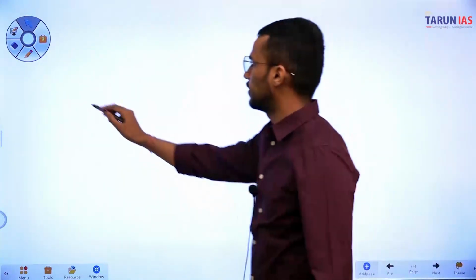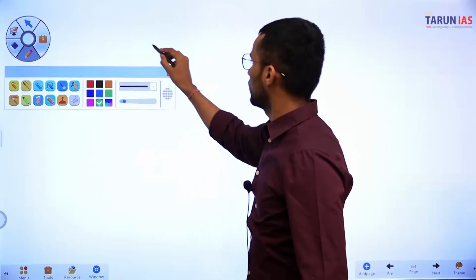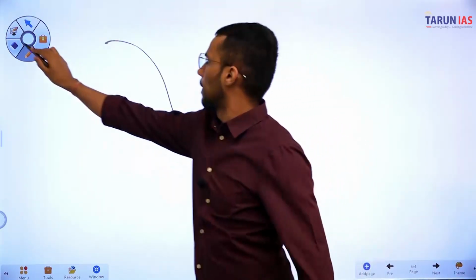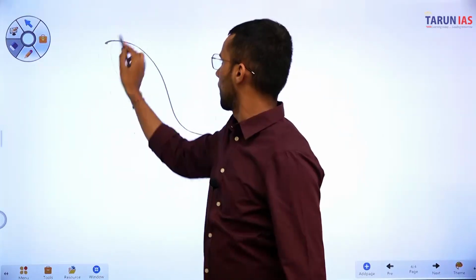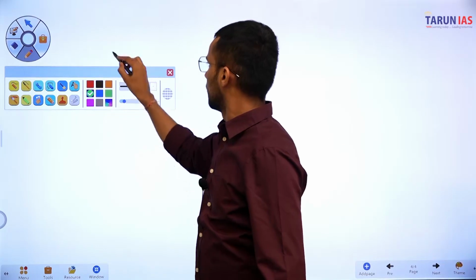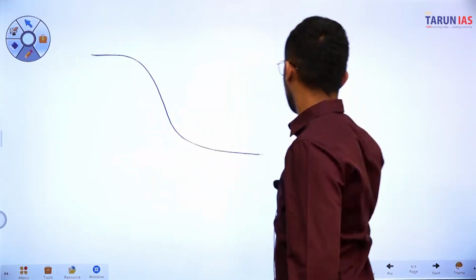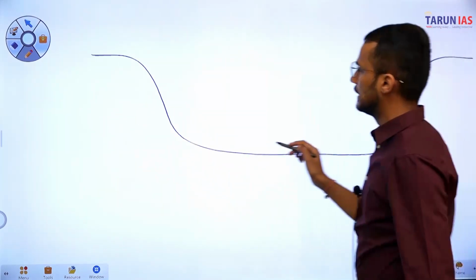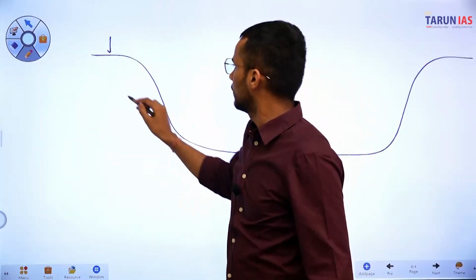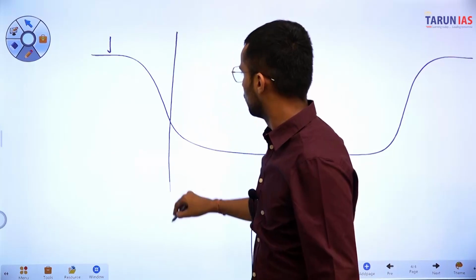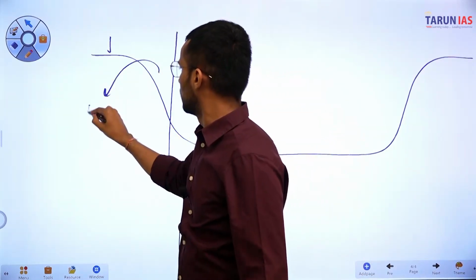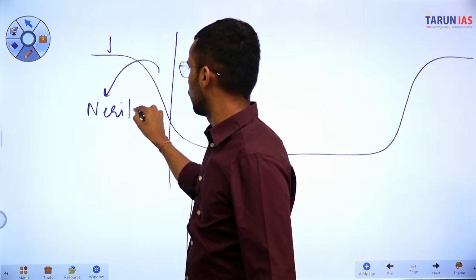Oceans are least productive because oceans are again divided into three different types. So this is the coastal location. This zone is known as the neritic zone of the ocean.